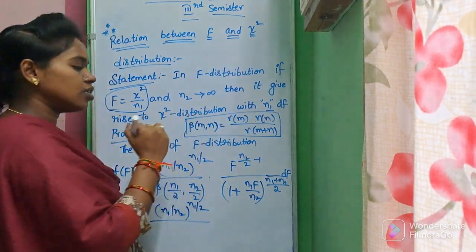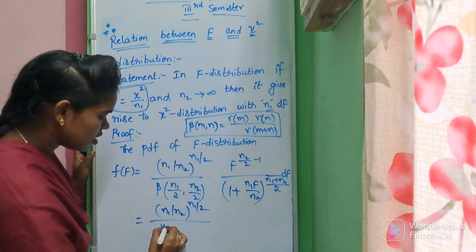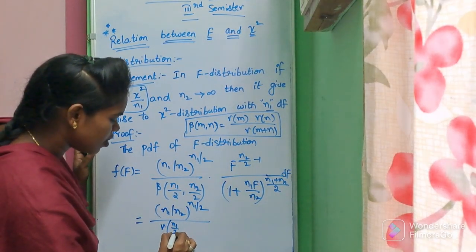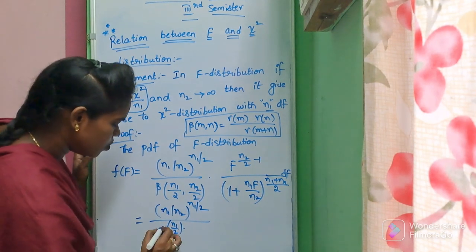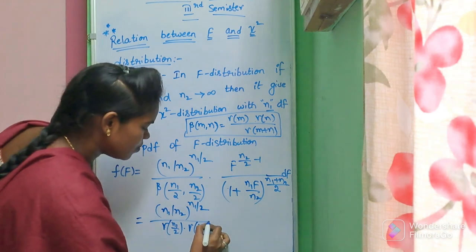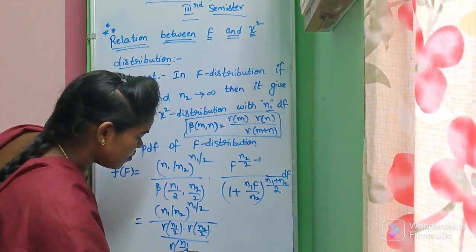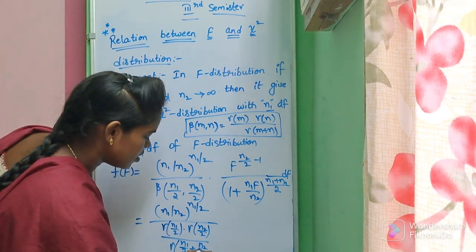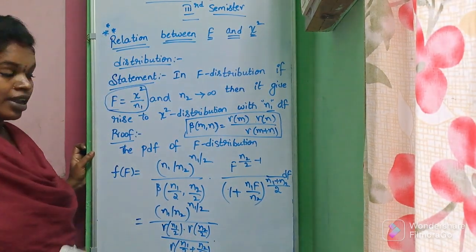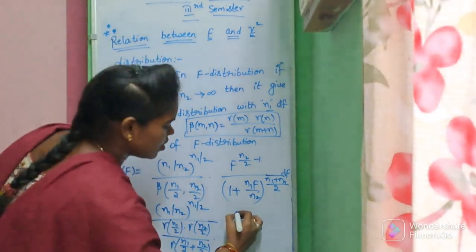Here I am substituting this formula in the denominator. So it is gamma of n1 by 2 into gamma of n2 by 2 over gamma of n1 by 2 plus n2 by 2.